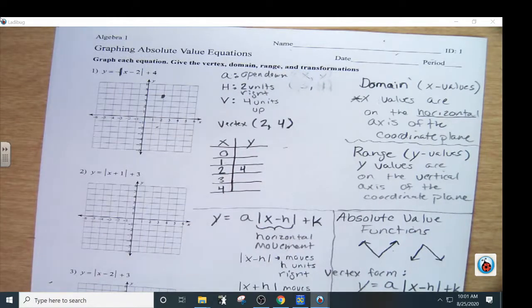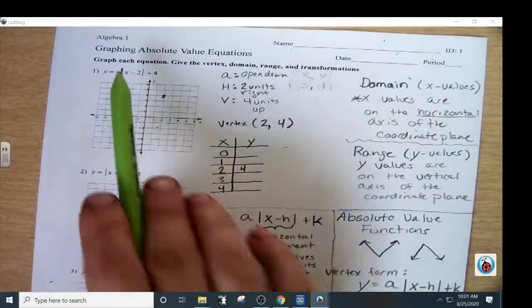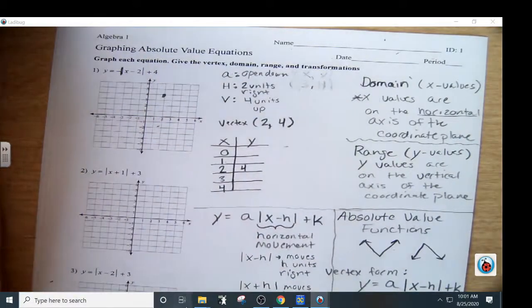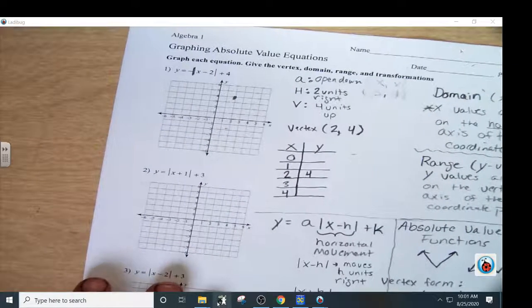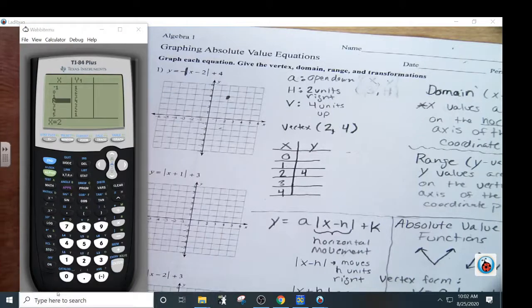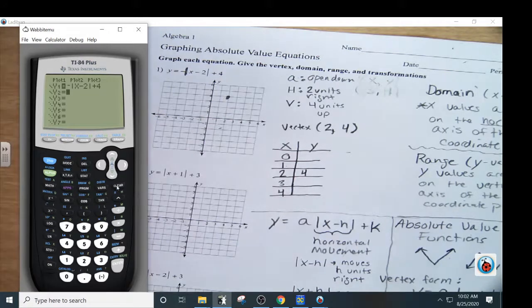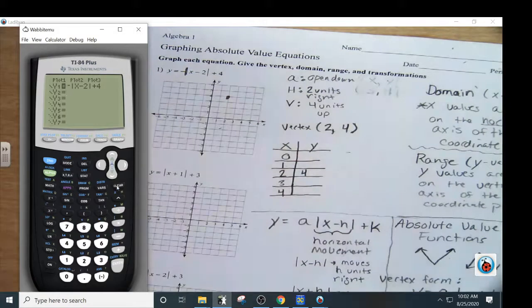Now, guys, you can go back and plug it in for X, but I'll let the calculator do that for me. So if I get my TI-84, there it is. If I type the function into my calculator in Y1, okay?